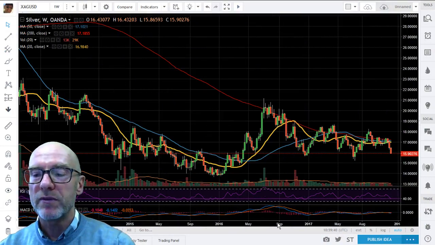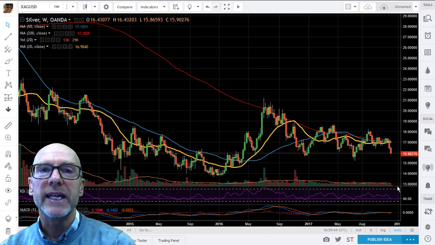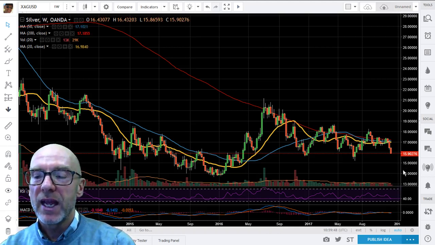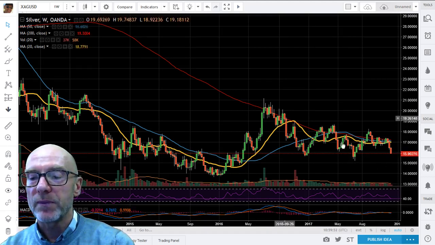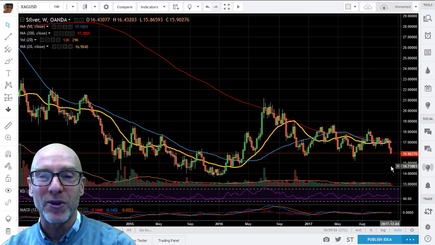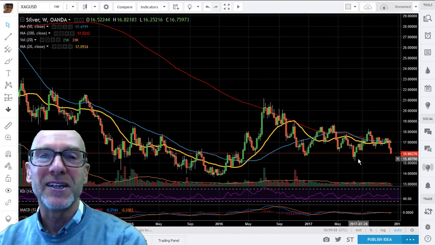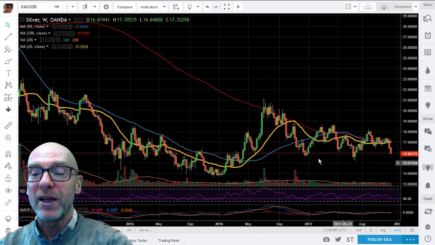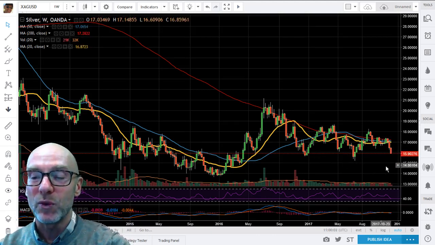So starting with the longer term picture, here we're looking at the weekly. Each candle represents 1 week's trade, and you can see that we're in a solid downtrend. I did say perhaps in the intro, perhaps towards a lower boundary, but actually I don't think we are towards the lower boundary.